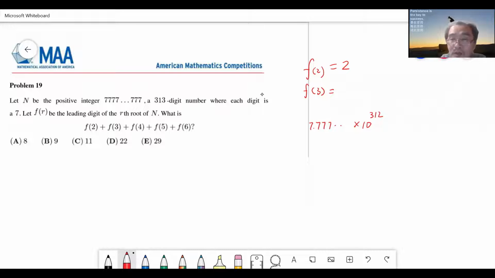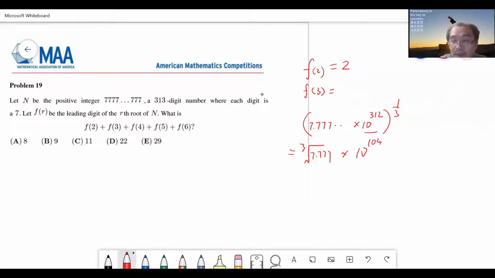So we're going to do the third roots, right? F3, we're going to find the third roots, then we're going to find the leading digit. So this gives us the cubic root of 7.777, then we times 10 to the power 104, right? This is going to be the 1/3 root.